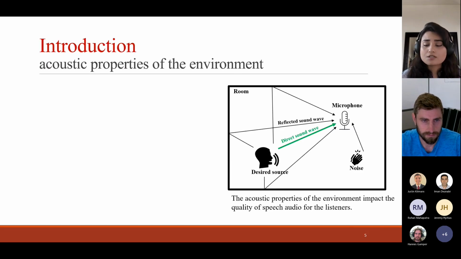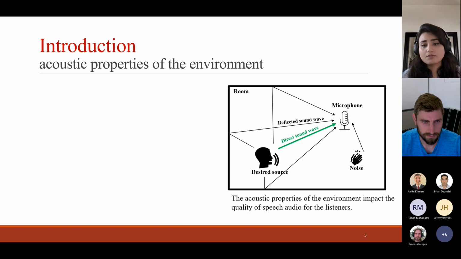So the acoustic properties of the room might impact the quality of speech audio for the listeners. Here, for example, the microphone picks up the direct sound wave from the speaker, but it also picks up the reflection from the room. And this reflected signal is called reverberation. This reverberation reduces speech quality.